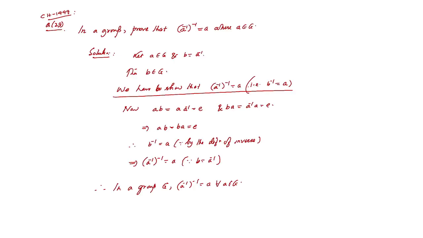Now we come to the next important problem. This is problem number 30, and this question was asked in the year 2006. What was the question? True or false? Let G be a group and A, B belong to G such that B not equal to identity.